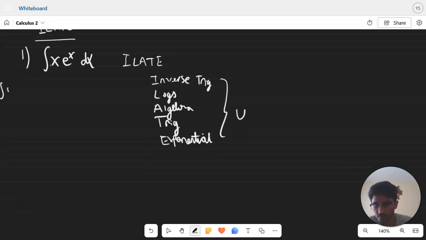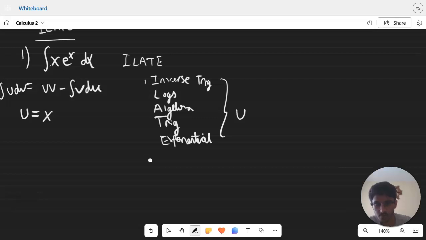So let's write down our formula over here: the integral of u dv equals uv minus the integral of v du. Our first thing is to figure out what could be our u. Our u in this case is going to be x. Why?